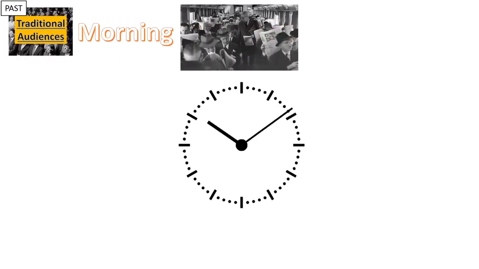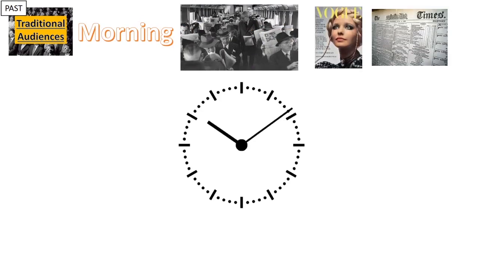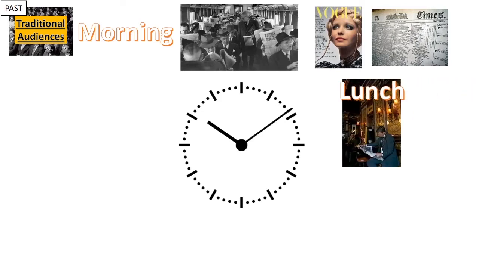So in the morning, they would commute to work reading the newspaper. They'd probably read their latest magazine or the Times, Guardian. At lunch, they'd probably continue reading that newspaper. Maybe they might pop to the pub, watch a race, whatever, but it'd be very limited.